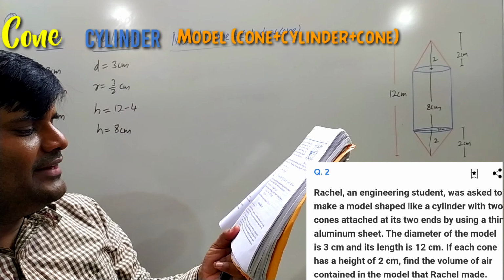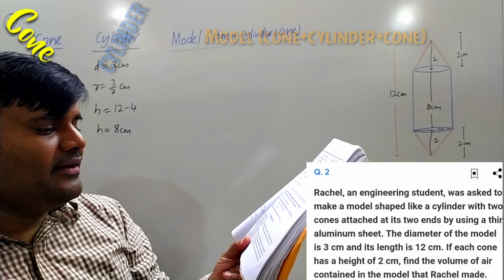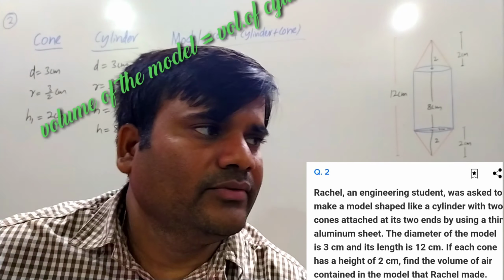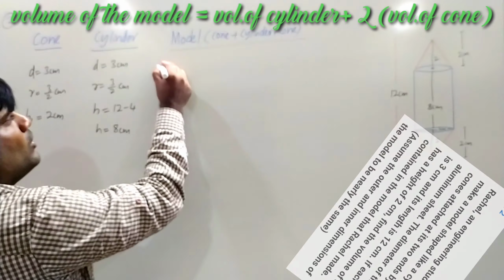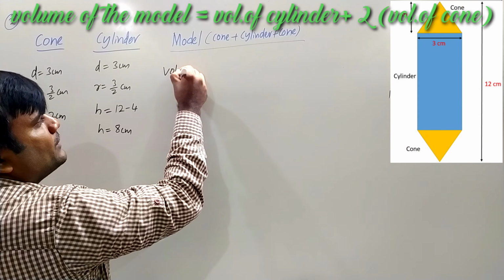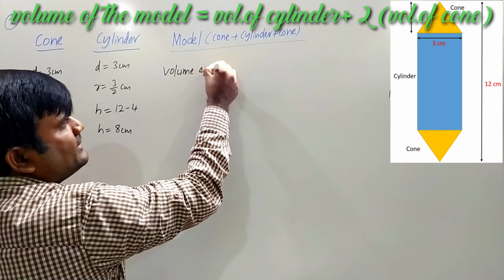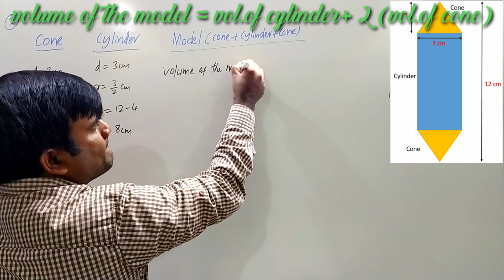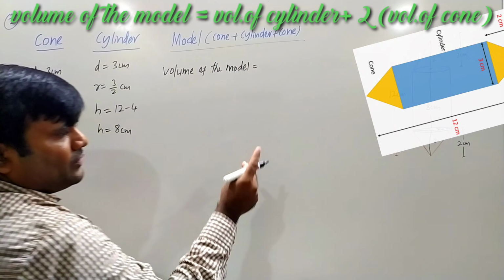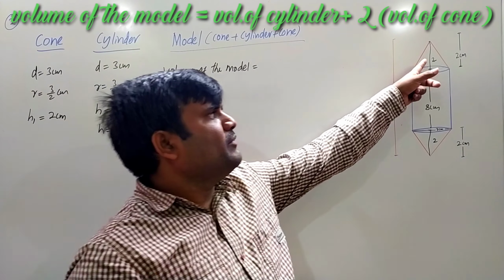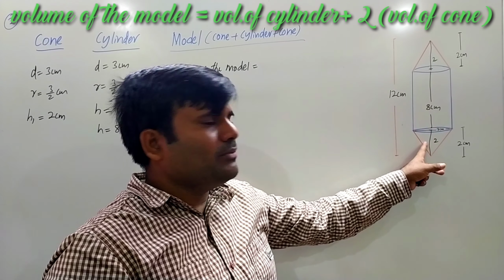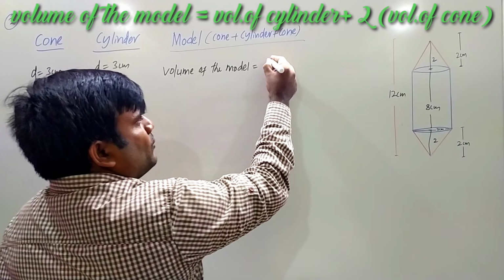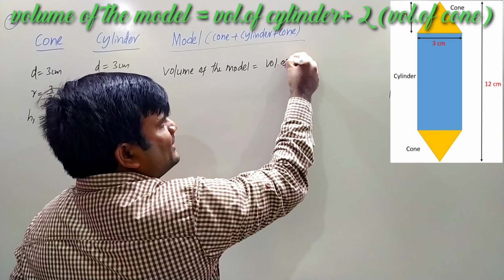Now the question is, find the volume of air contained in the model. So here we need to find the volume of the model. The volume of the model is a combination of three parts: volume of cone plus volume of cylinder plus volume of cone.